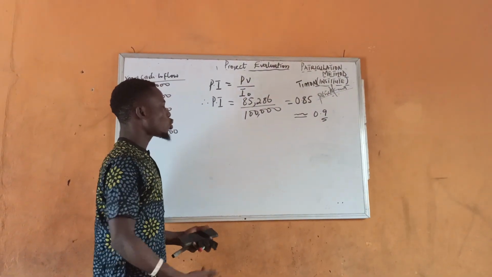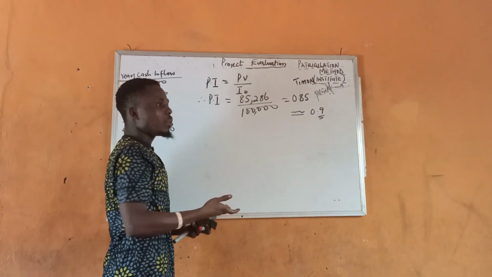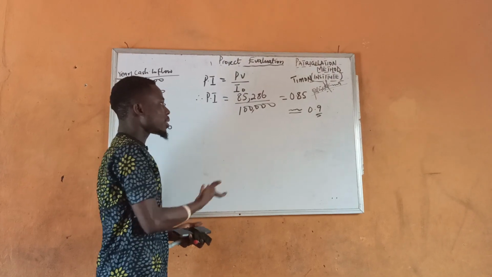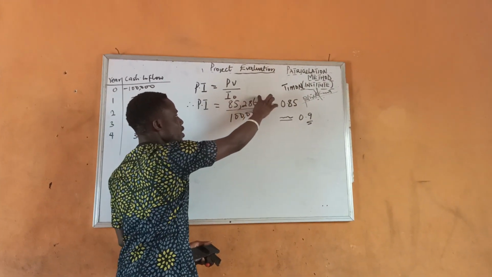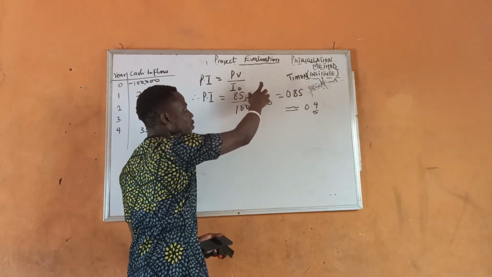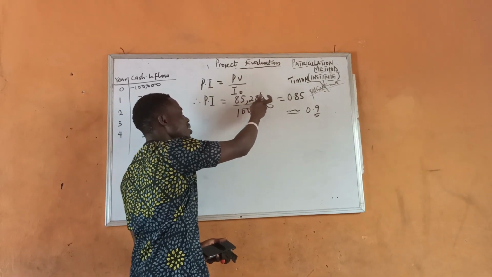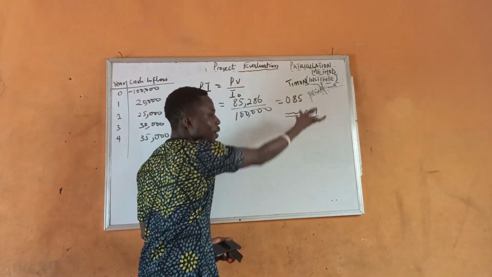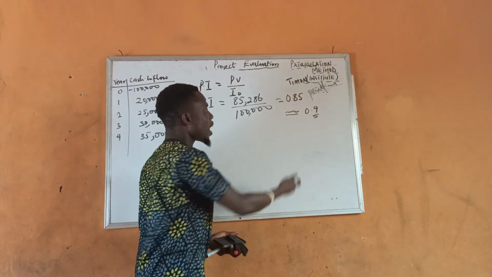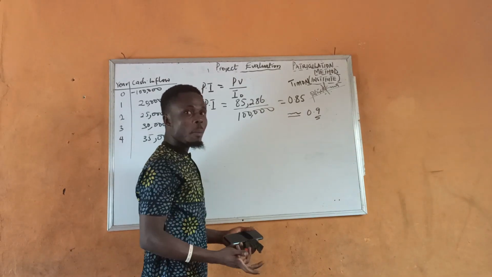So what we do is to use our profitability index to evaluate that. Now we've done this by saying the gross present value, that is the summation of the present value, which is 85,286 all over 100,000, will give us what? 0.85, meaning 85%, approximately 90%.